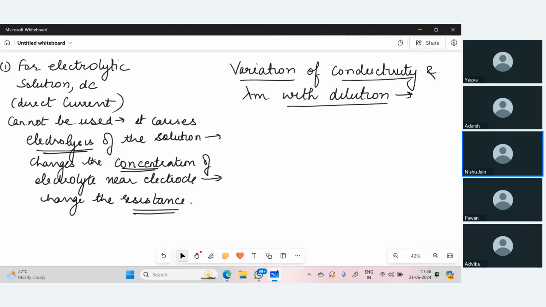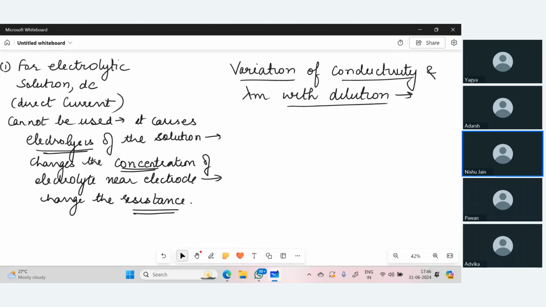Now, just now we have discussed what conductivity is. Others, you tell me, what was the definition of that? Conductance of 1 centimeter cube of a solution. Yes.